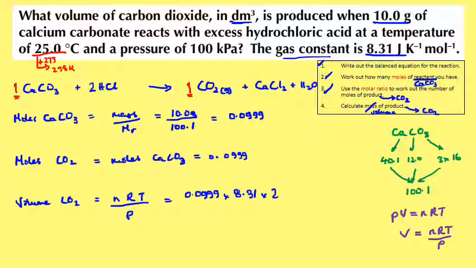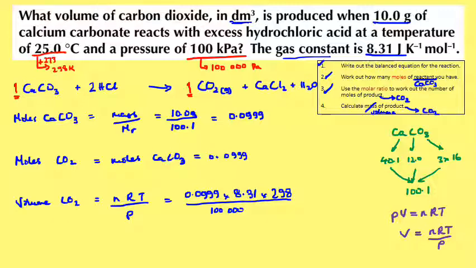Okay, so we're going to write 298 Kelvin in our ideal gas equation rearrangement, and our pressure, going through this process again, our pressure needs to be in pascals. So 100 kilopascals is 100,000 pascals. So we're going to divide this by 100,000.